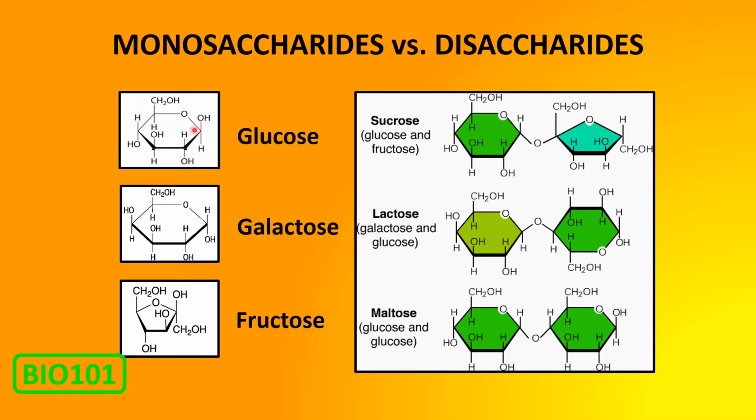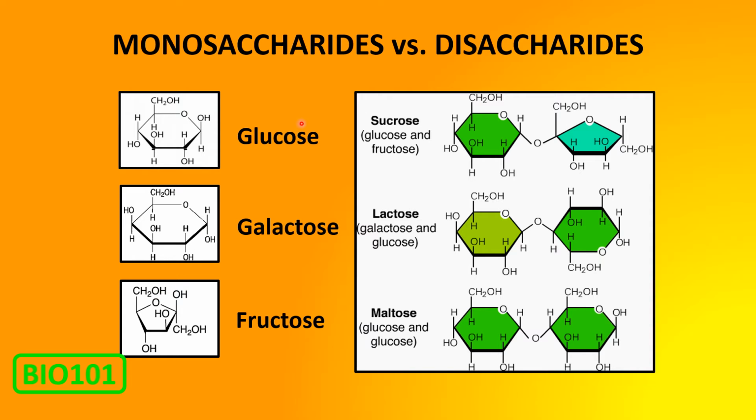So here we go, monosaccharides versus disaccharides. Here we have glucose, galactose, and fructose, and they're all ring structures. You'll notice that glucose and galactose are very similar. These are six-carbon hexose sugars, and fructose is a pentose sugar.